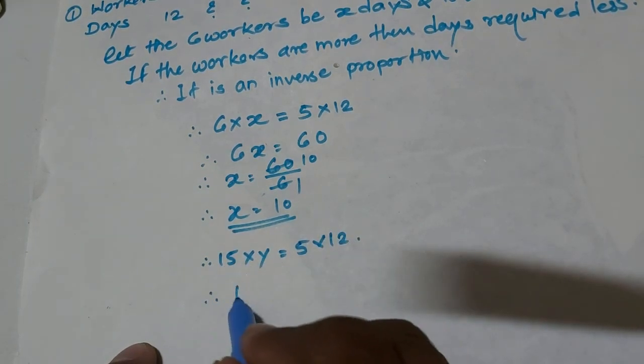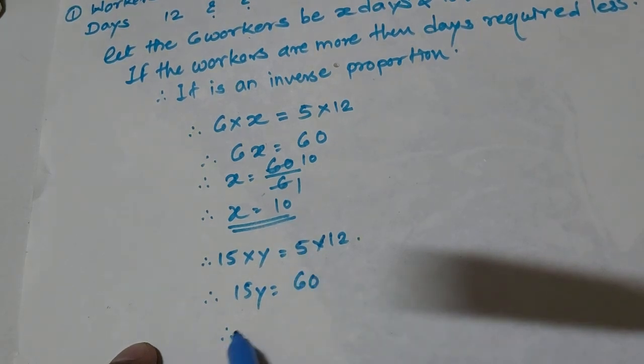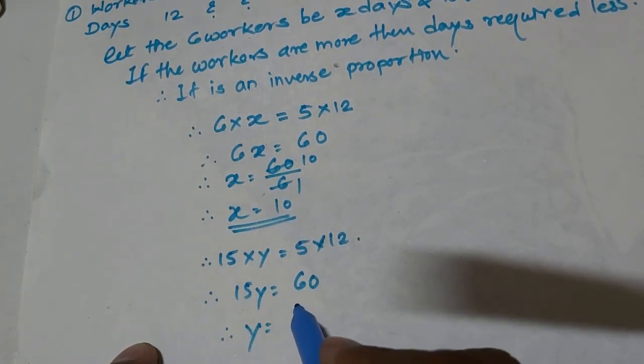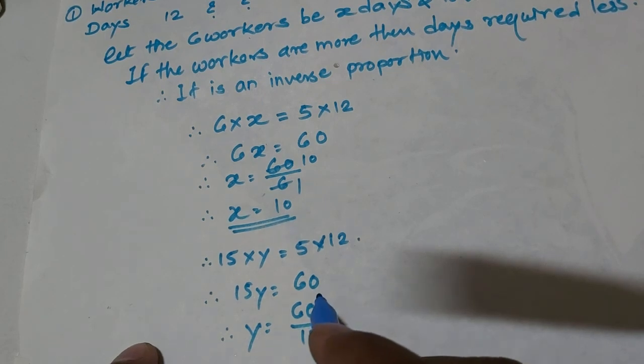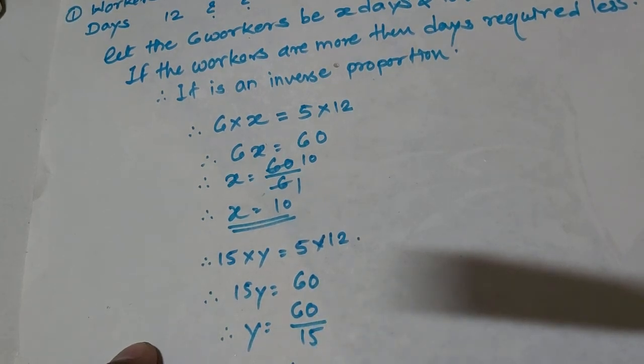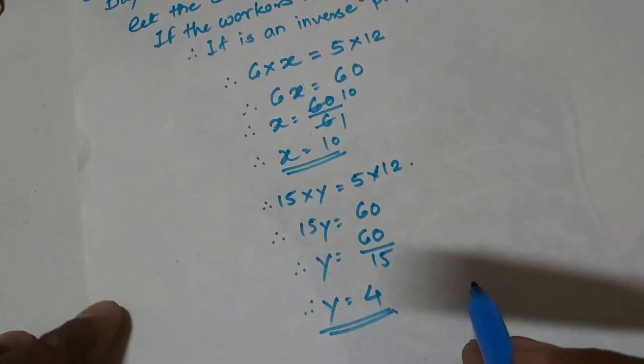Therefore 15y is equal to 60. Therefore y is equal to 60 upon 15. So y is equal to 4.